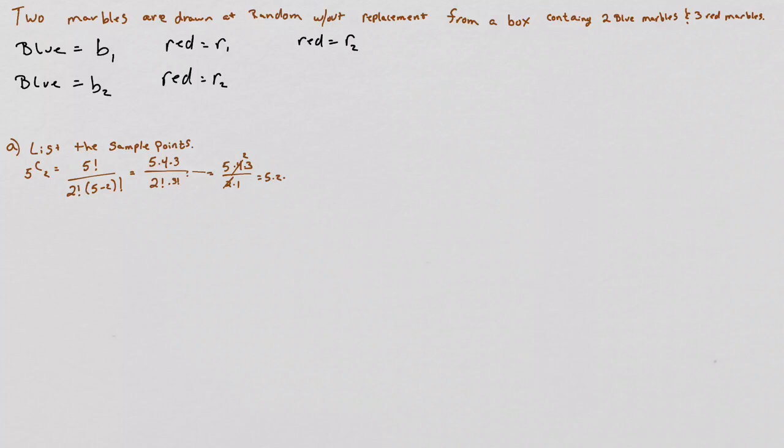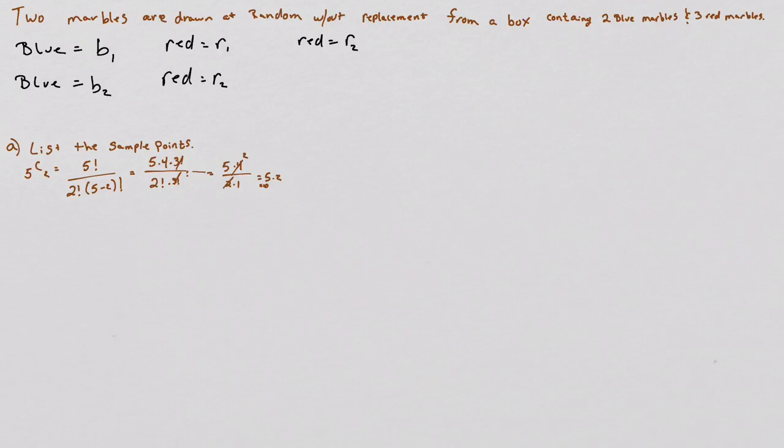And that means I only have to do 5 times 4 times 3 factorial because my 3 factorials will cancel. That really just gets rid of this 3 right here. And that leaves me just 5 times 2, which is simply 10. So once I get everything done, I should have 10 different combinations of blue and red marbles.